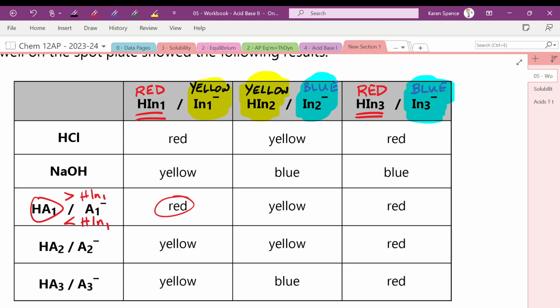The base is going to rip off that side. In acid solution, concentration is high. There is more to the left.